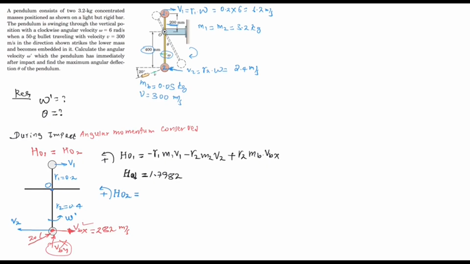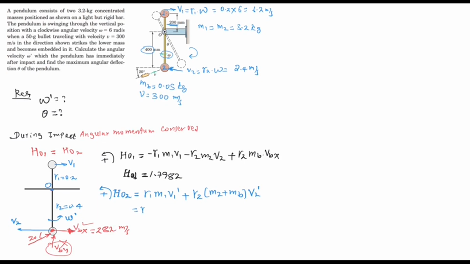That means h02 is equal to, for particle 1, R1 M1 and then V1 prime, plus for particle 2 and the bullet, they are embedded together and they have the radius of the arm R2 times mass, in this case mass 2 plus mass of the bullet, times their velocity V2 prime. So this will be the final angular momentum, but we know that V1 prime and V2 prime are the same as the previous one.